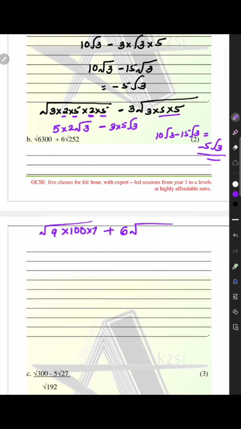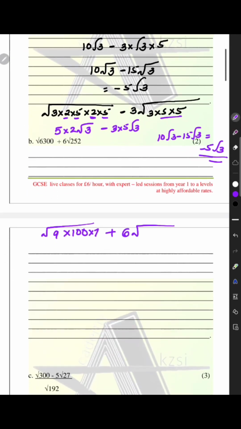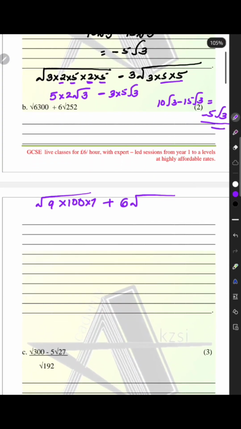And this is root 252. If it's not coming to your mind instantaneously what it could be, you can just go for prime factorization. Here I'm using the factor tree method, so it's 2 and this will be 126.